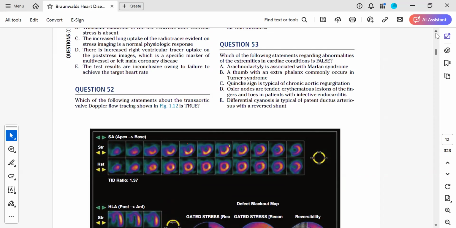Poor chronotropic response during stress is one of the indicators of a positive stress test. So this is what makes it false. I don't know if there's any contribution or question pertaining to this question.